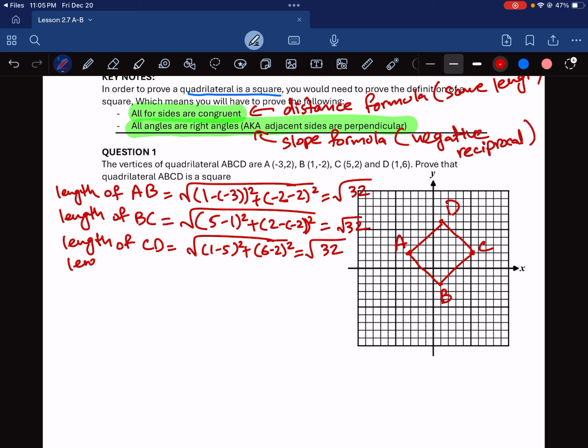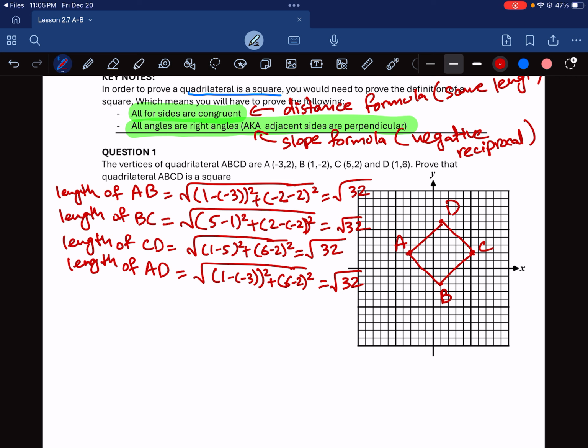And lastly, the length of AD, which is 1 minus negative 3 squared plus 6 minus 2 squared, equal to the square root of 32. So I just proved that this square has all four congruent sides.